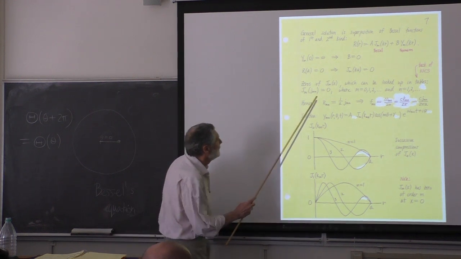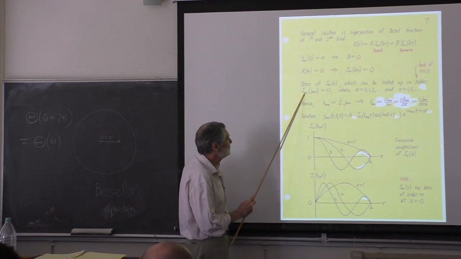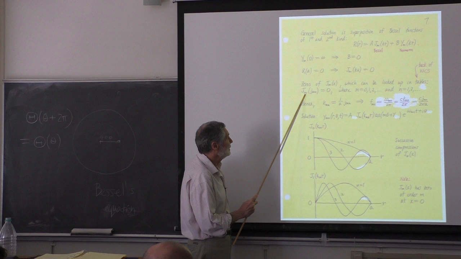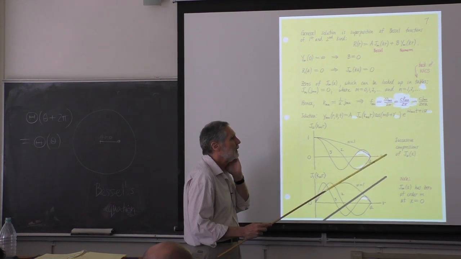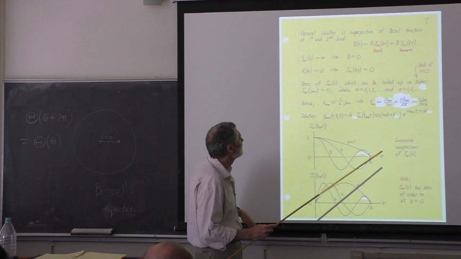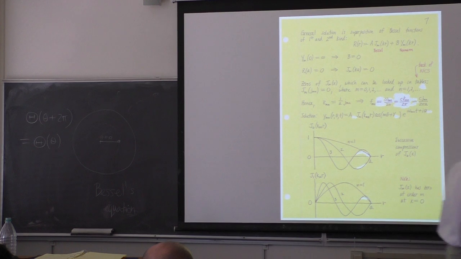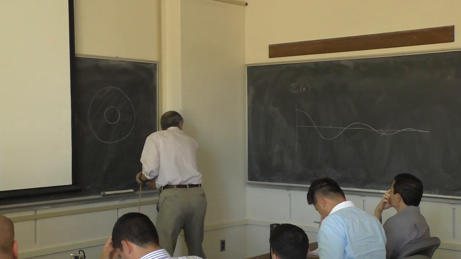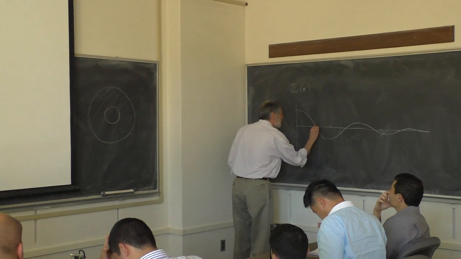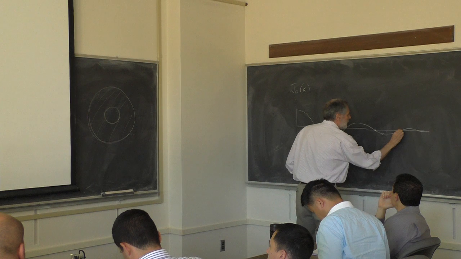Okay, so again, for each of J0, J1, J2, etc., there are going to be roots. So for J0, the best thing I can do right here is show the roots.